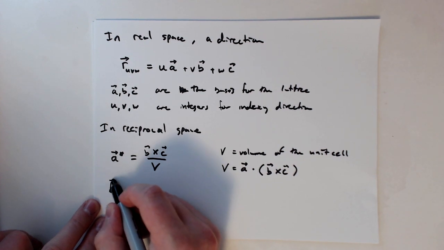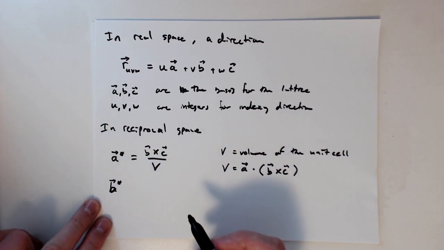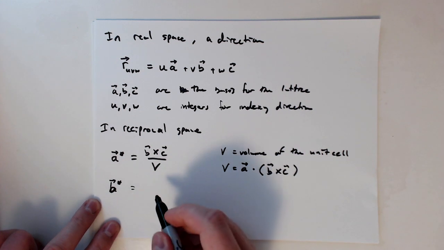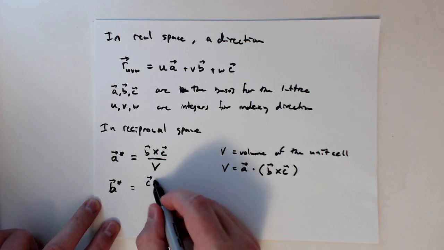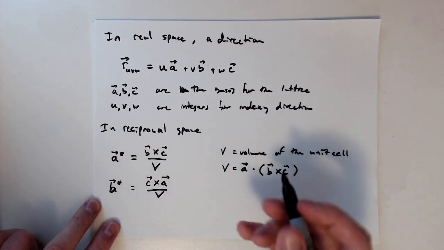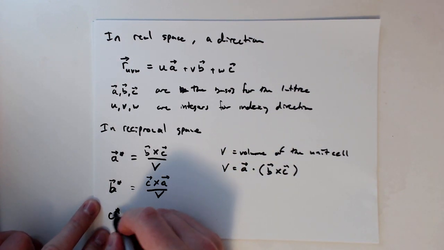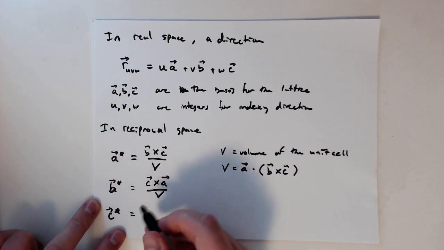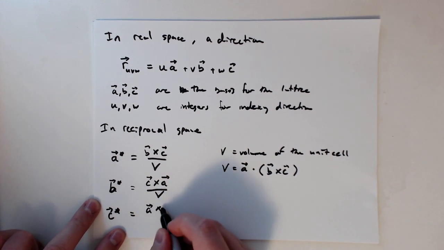So B star is C cross A over volume, and the C vector, C star, is A cross B over volume.